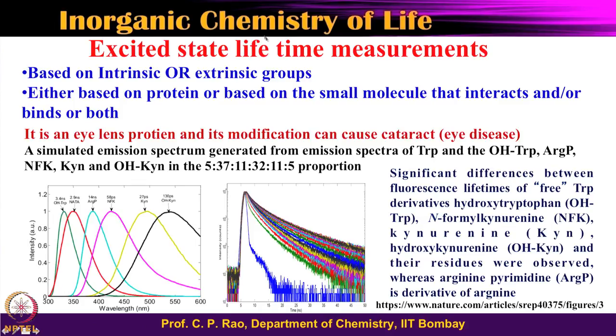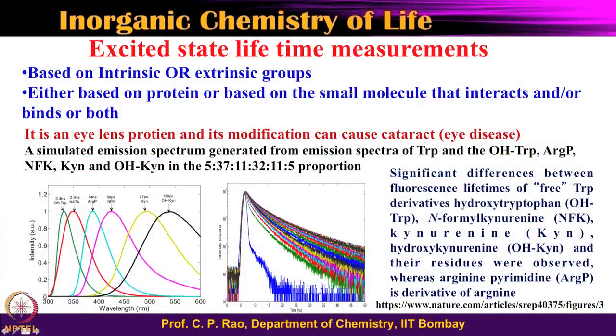So, therefore, we are looking at what is the rate or what is the time. Rate and time are inversely related to each other. Okay. So, 1 by time is the rate, 1 by rate is the time. So, it does not matter if I use the word rate of excited state decay, or if I say lifetime of the excited state.